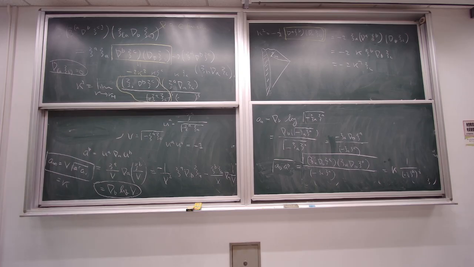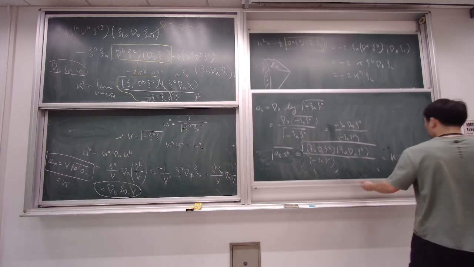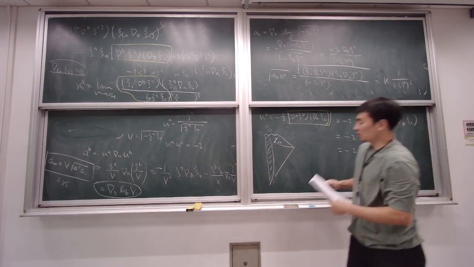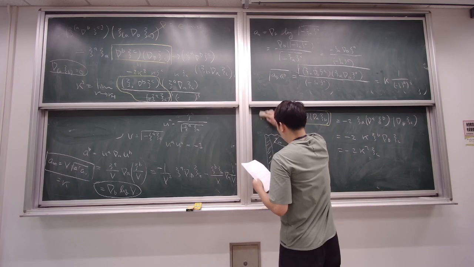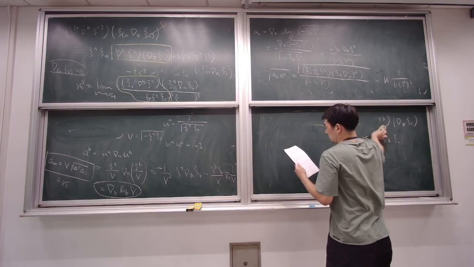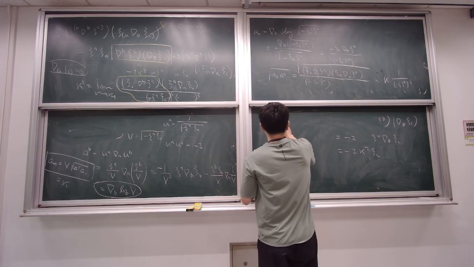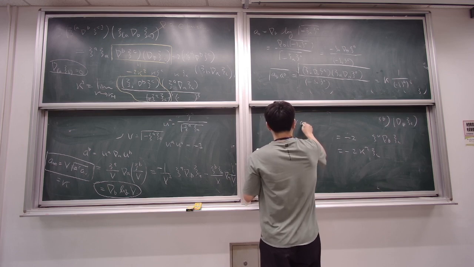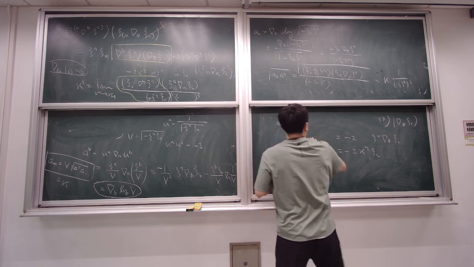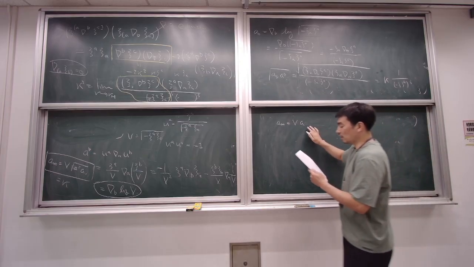Sorry about it. The important thing is that this is measured from infinity. So A infinity is equal to B times A. And this A is in fact a divergent quantity.